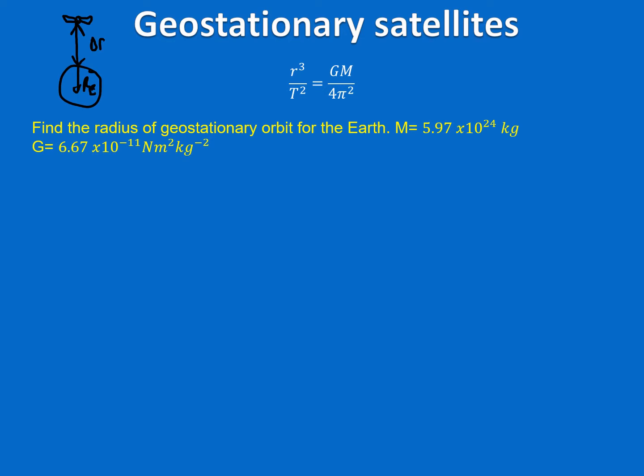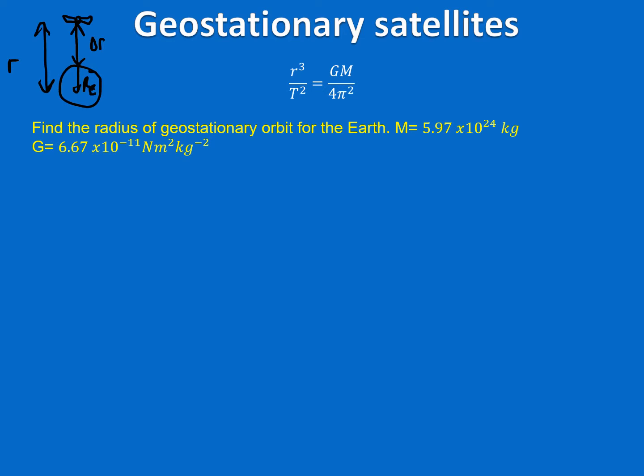Making r the subject in this equation will give us the total distance, because it's the orbital radius. That gives us the total distance from here to here, because r is the separation between the centers of the masses. In order to do this, we need to find the time period.